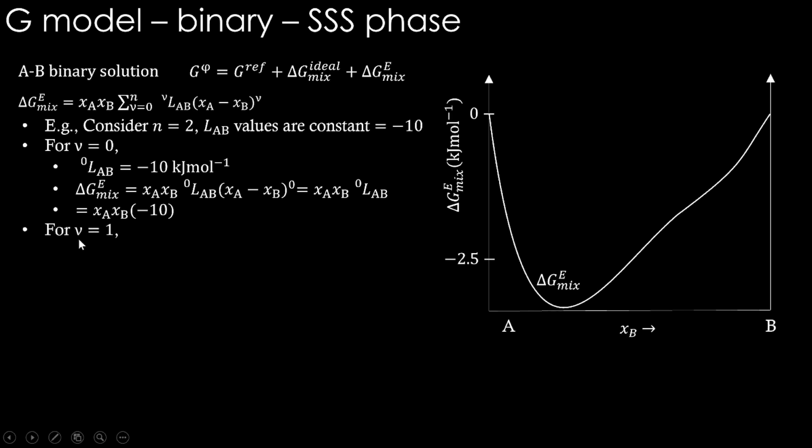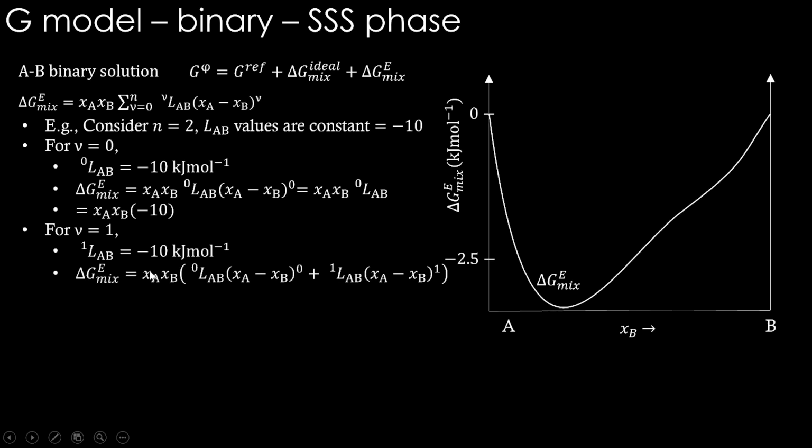For nu equal to 1, LAB 1 we need, let's assume that also to be equal to minus 10. Then delta G mix XS will be the addition of these two things multiplied by XAXB. So this XAXB is going to come here, multiplied by LAB 0 (XA minus XB) power 0 plus LAB 1 (XA minus XB) power 1.